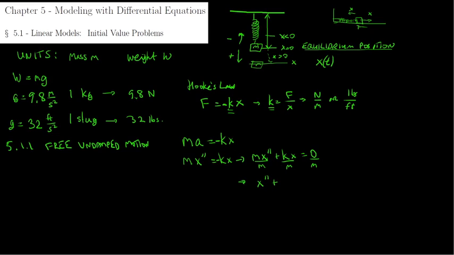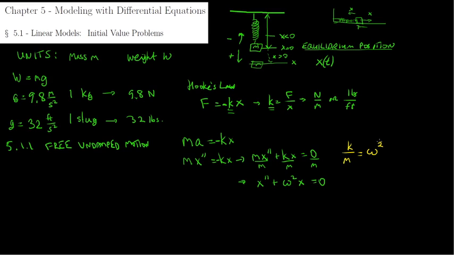And I'm going to give this a slightly different name here. So instead of k over m, we're going to use the Greek letter omega. In fact, we're going to square it for reasons that will become apparent soon. So this is x double prime plus omega squared times x equals 0.